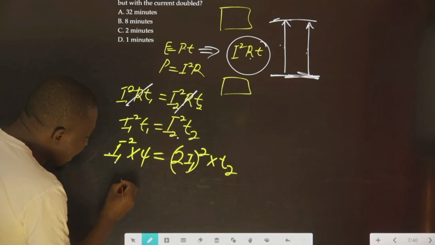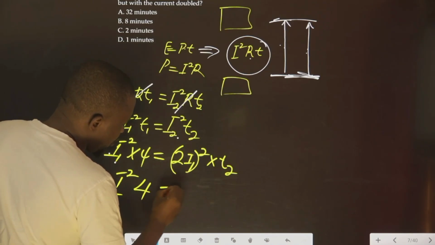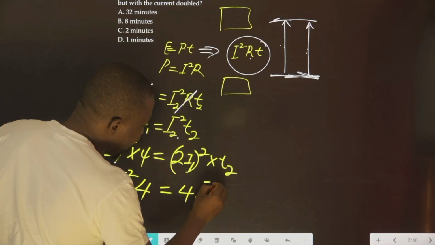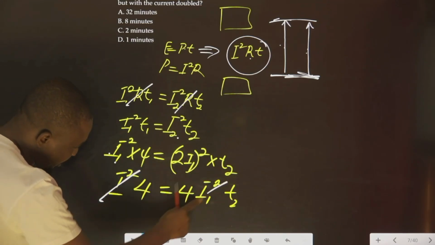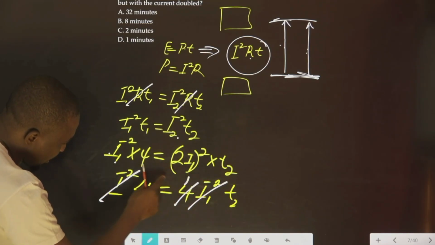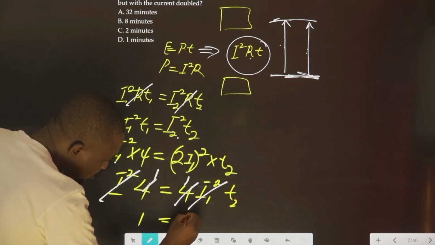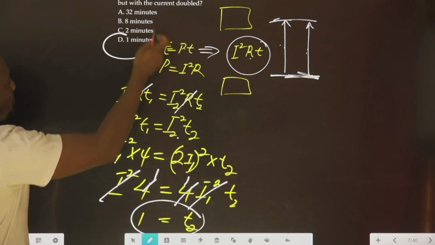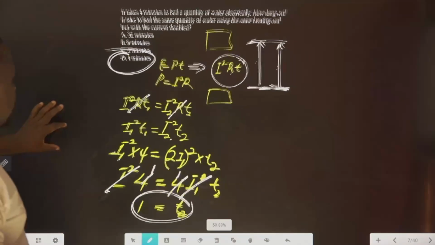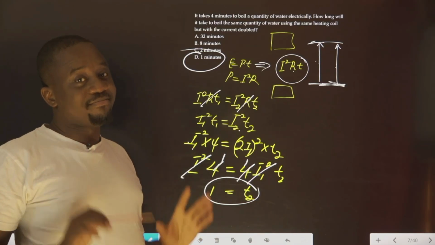So if you expand this now, you have 4 times I1 squared equals 4 times I1 squared times T2. This and this cancel, 1 here and 1 here. It means therefore 1 is remaining here, equal to T2 remaining here. So here it is 1 minute. You get it? That is that.